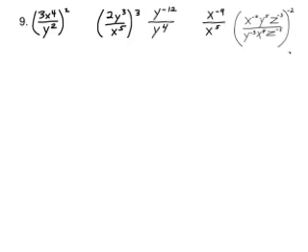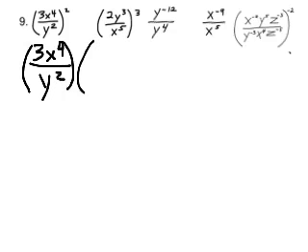So if you're not sure what to do with that, there is a rule you could apply where you're going to square the 3 and you're going to multiply the 2 times the 4, and you're going to multiply the 2 times the 2 on the y. But let's say you don't remember what to do. In that case, what you do is this. Rewrite it. 3x to the 4th over y squared times 3x to the 4th over y squared.